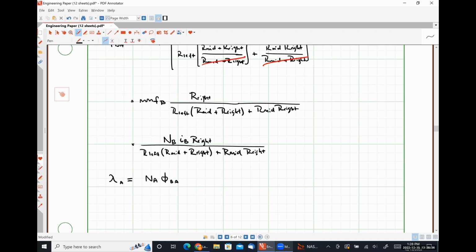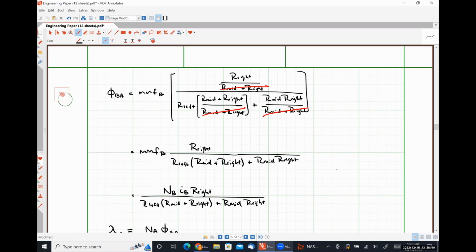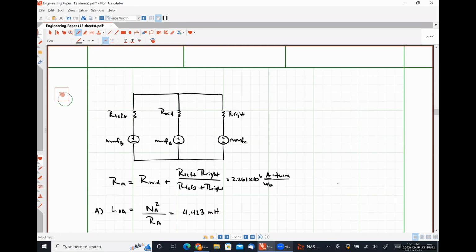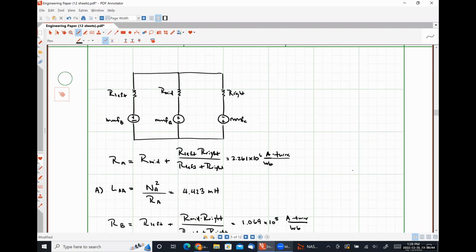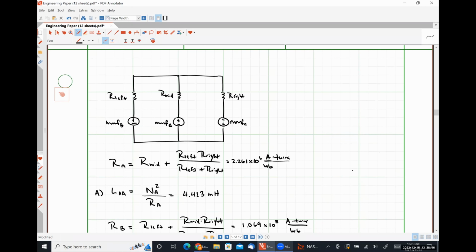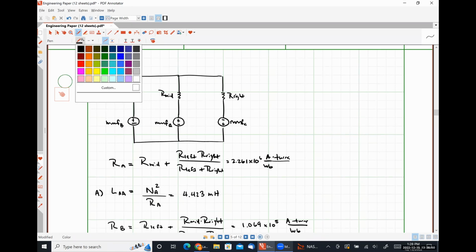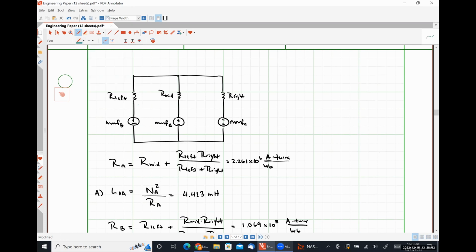Now, this is where we have to pay a little bit of attention, okay? So let me scroll back up here and explain what's going on, right? The flux in general that's generated by MMFB, let's call it phi sub B, is in the up direction, right?